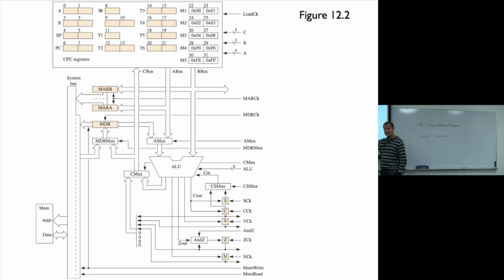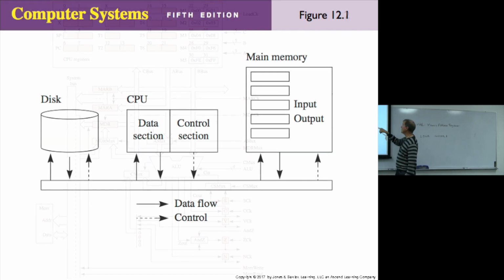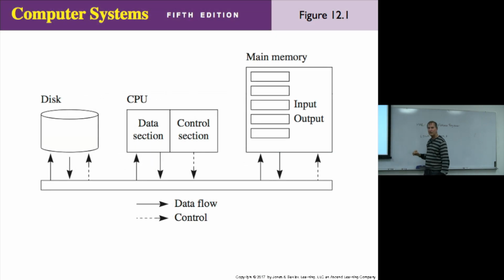To the bus. Now, the ones coming from the left here are actually inside the control section and going to the data section, so they're not shown on figure 12.1. So the data section and control section are pretty integrated? Yes, they are very integrated. They are right next to each other.